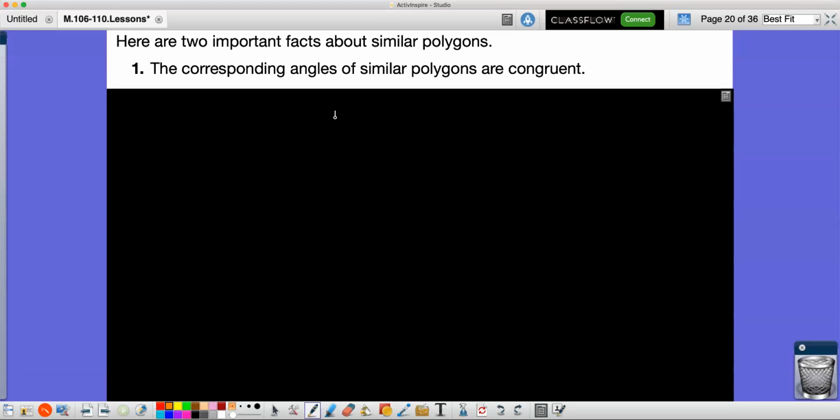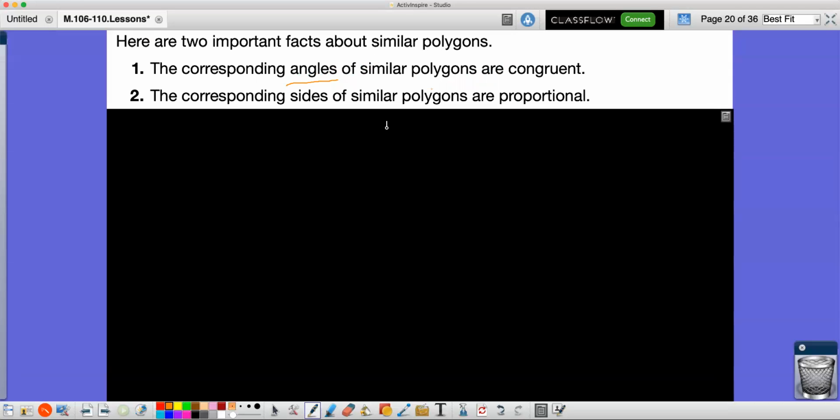So here are two important facts about similar polygons. The corresponding angles of similar polygons are congruent. So when you look at two different polygons, if they're similar, their angles are going to be the same.